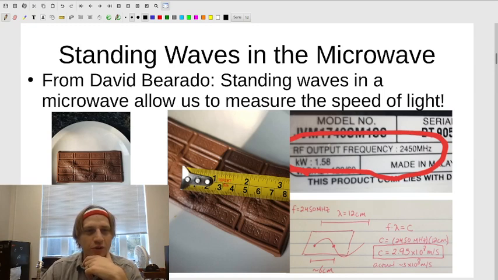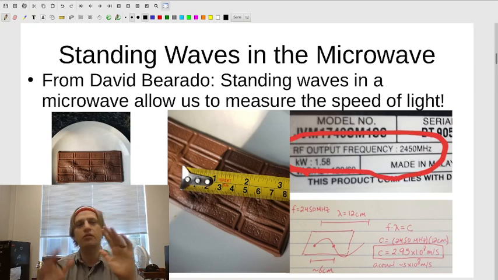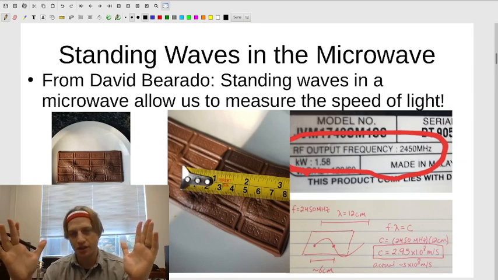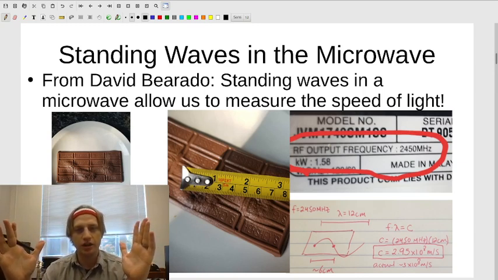This is from Twitter user David Barato. An example that he put up last year, where you put a Hershey's bar, and the places where you get the maximum intensity of your standing wave inside of the microwave, because the microwave is just setting up a standing light wave inside of that thing.